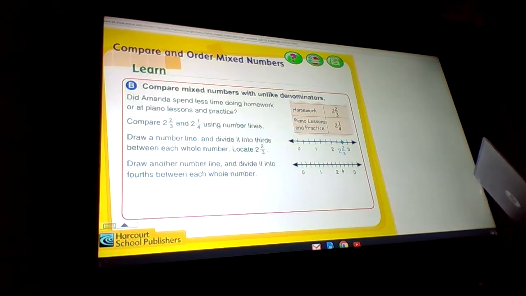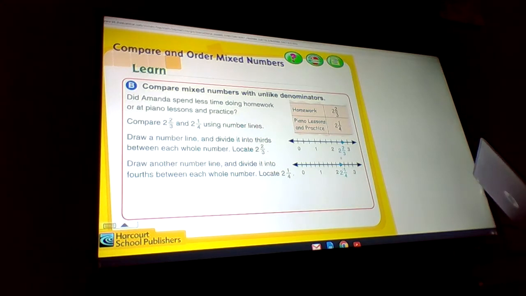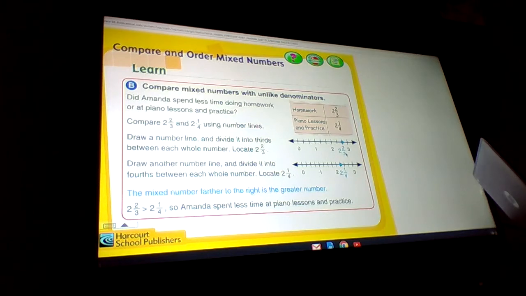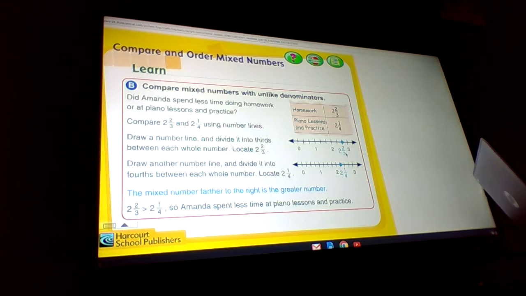Then we're doing another number line and we're dividing it into fourths. Then we have to find 2 1/4. There it is. When we have these number lines lined up by each other, can you easily tell which mixed number is greater? It's going to be the number farther to the right. So 2 2/3 is greater than 2 1/4.